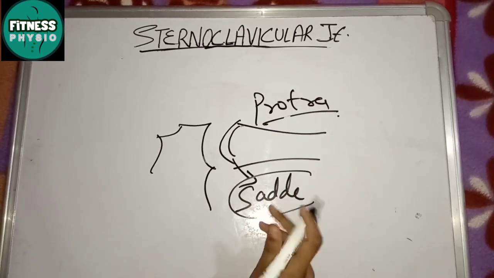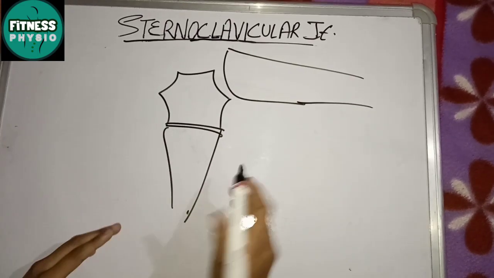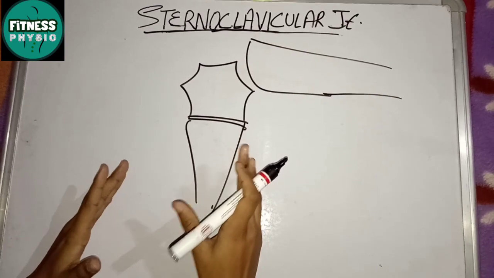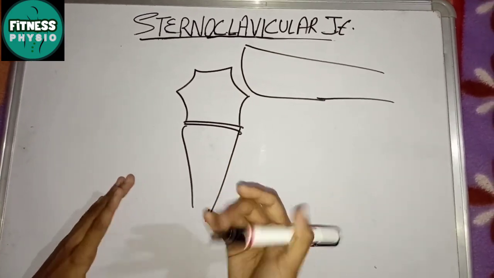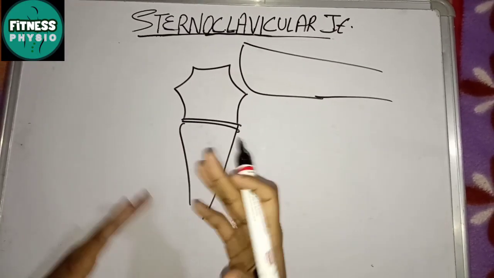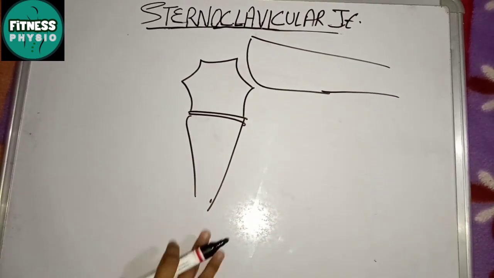So in protraction and retraction, the glide and the slide or rolling is in anterior direction, meaning if the gliding and sliding is in anterior direction, the rolling must also be in anterior direction. So it will be in the same direction.